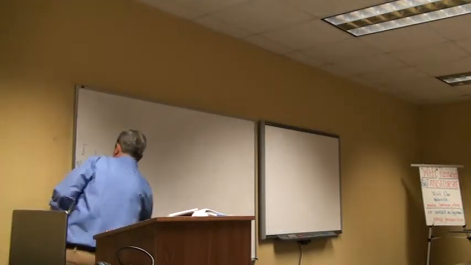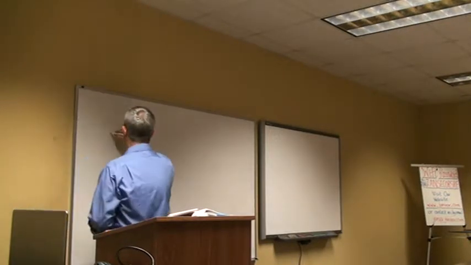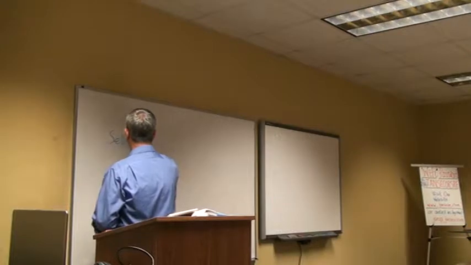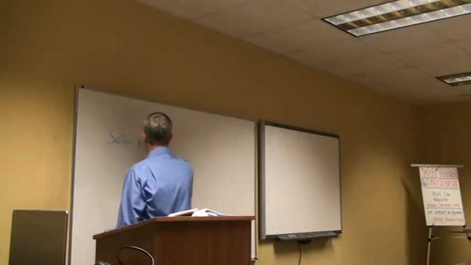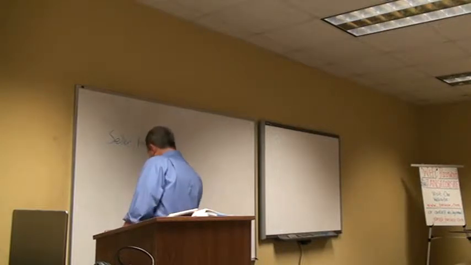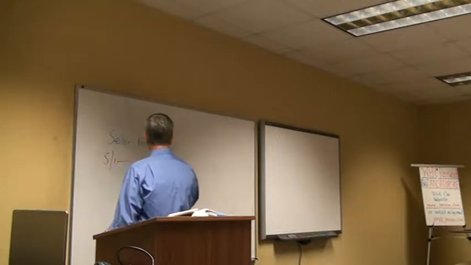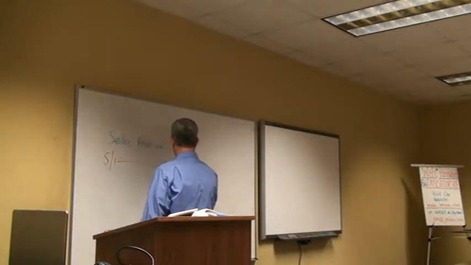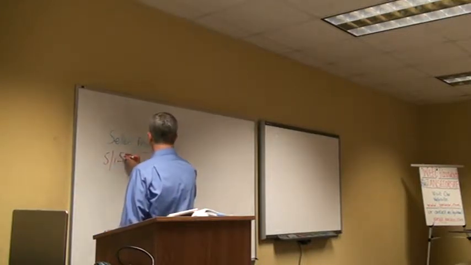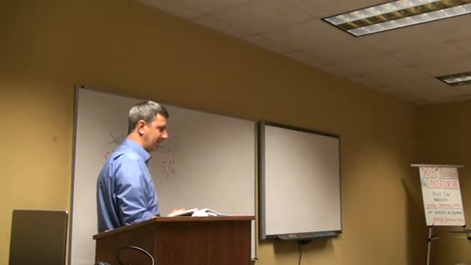But you understand that, right? Let me rewrite that. So the seller paid on 6/1, and that covered the interest from 5/1 to 5/30, right? Interest in arrears. That 6/1 payment covered, correct?